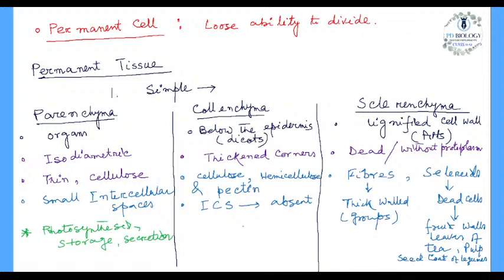In collenchyma, they provide mechanical support. Besides, some storage is also done by collenchyma. And the sclerenchyma is the main mechanical tissue that provides support to the plant.